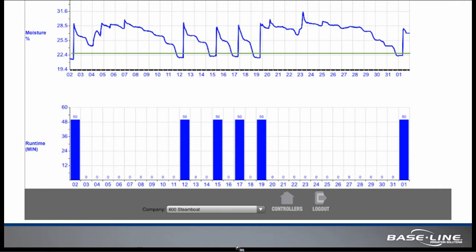So you can see on the far left on the 2nd of August, at start time, the moisture level was below the threshold, which is indicated by the solid green line. And we turned on and watered for 50 minutes, and you can see the spike in moisture content as a result of that irrigation application.